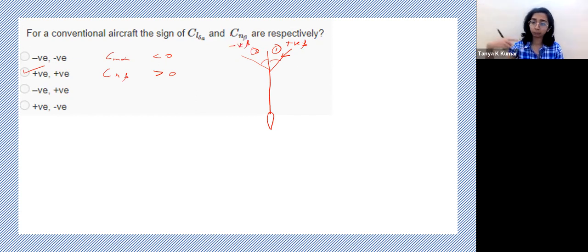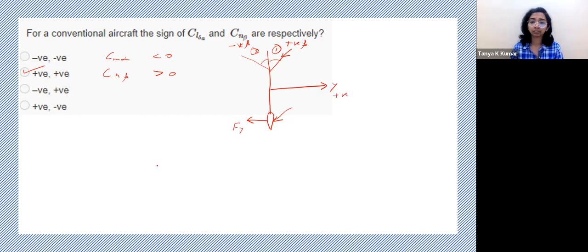Now let's focus on the positive beta. When you have a positive beta here, you have oncoming velocity in this direction. So there is a force generated, something like the lift force. You have a side force generated here, which is denoted by Fy. And since our positive y-axis is in this direction, towards the wing, right?